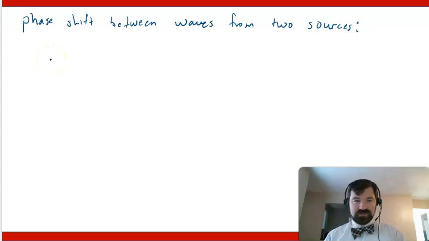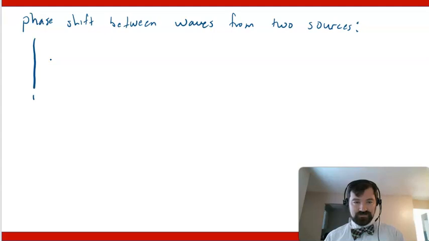So even numbered integers of pi, bright; odd numbered integers of pi, dark. And so what determines the phase shift? To answer that, we need to draw for ourselves this diagram again.